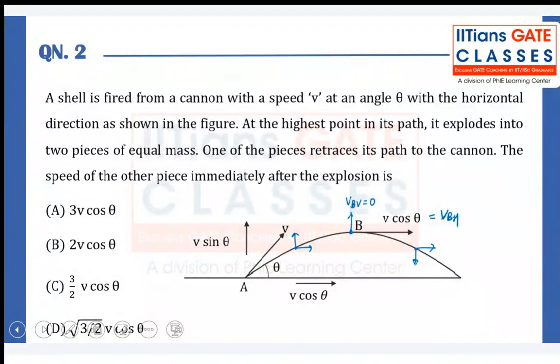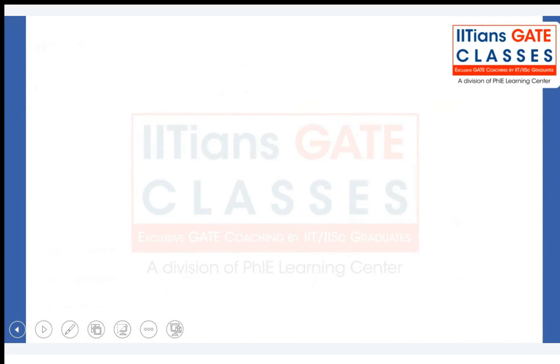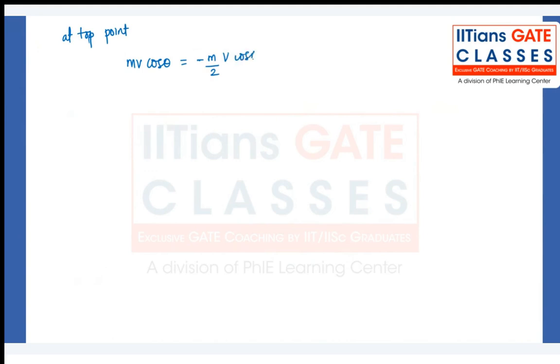After the explosion, it is divided into two pieces of equal masses, so m by 2 times v cos of theta.